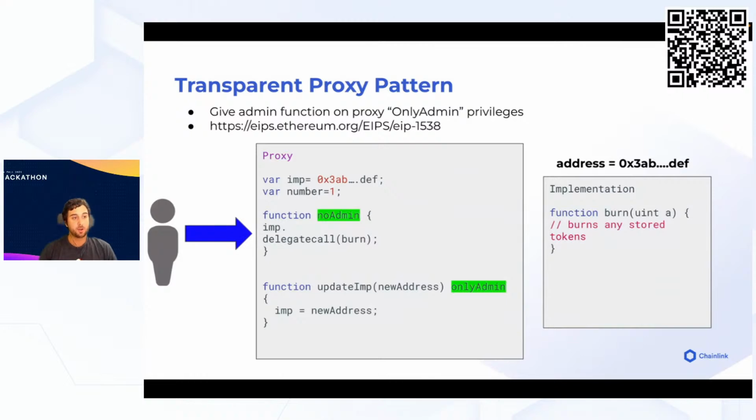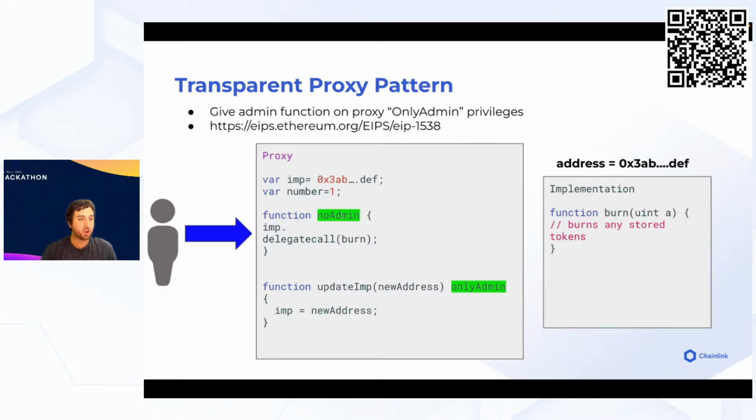So a really prominent one, and one we're going to go over in the demo today, is the transparent proxy pattern. I'm going to go over a very simplified view of this pattern here.